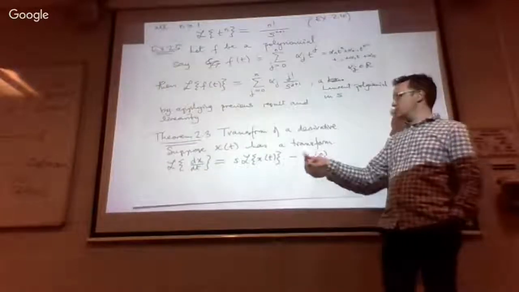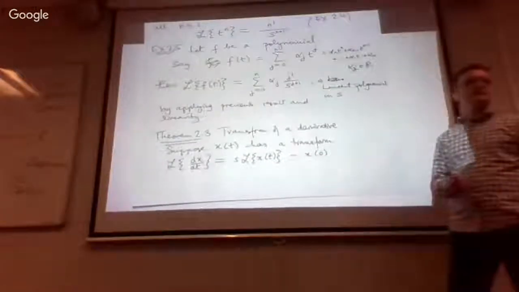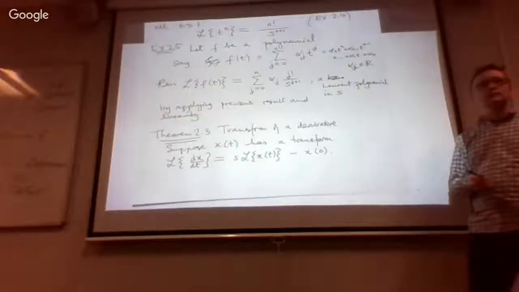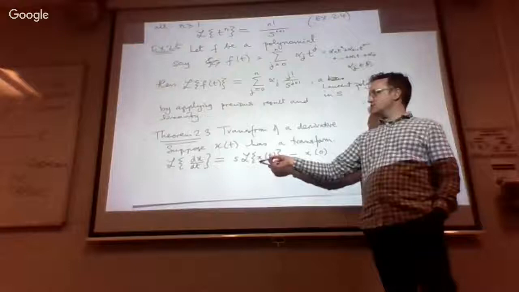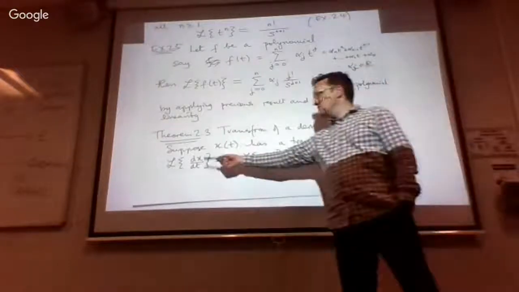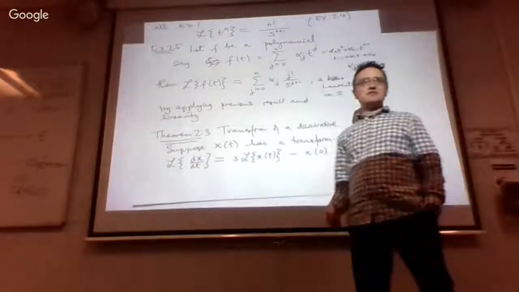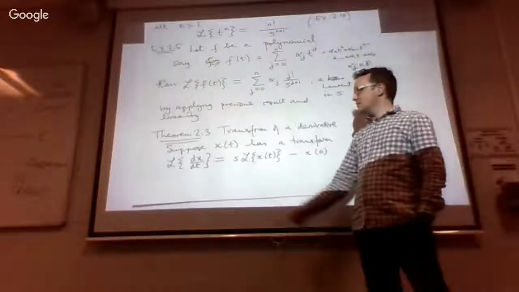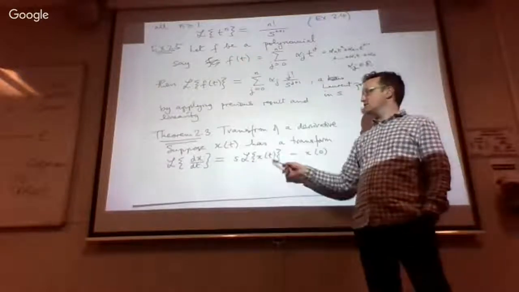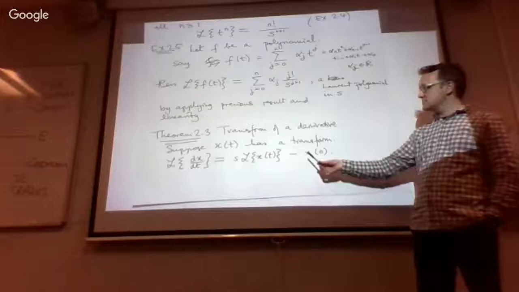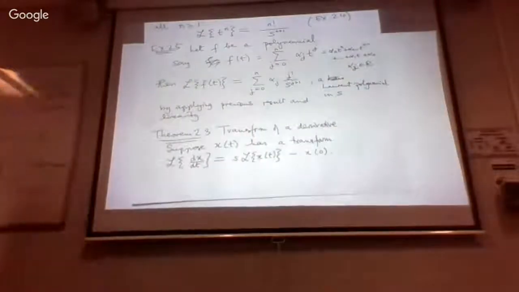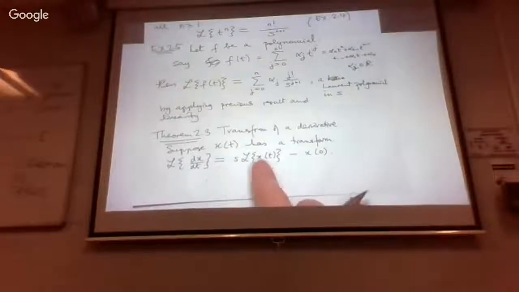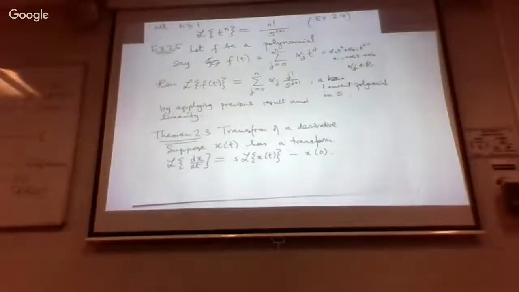This is just going to be a number, x evaluated at t equals 0. So however complicated or awkward the Laplace transform of x is, the Laplace transform of its derivative is just a little bit more mixed up. It's just s times whatever the transform of x is minus this constant. Very exact relationship between the two.